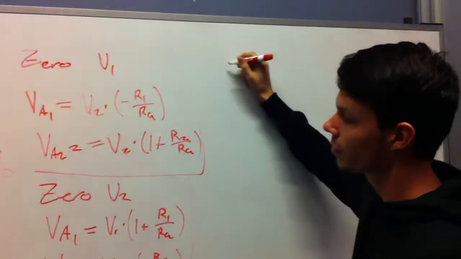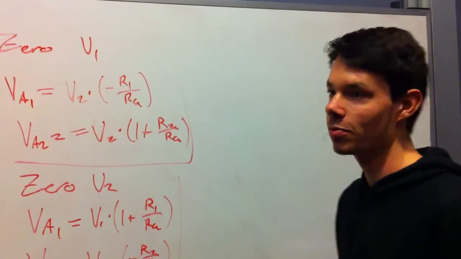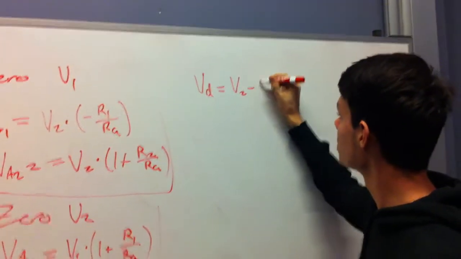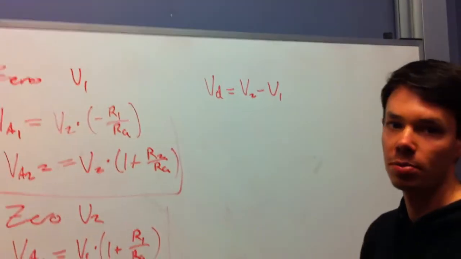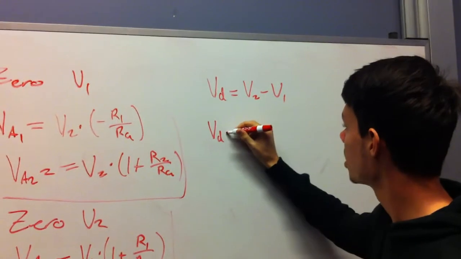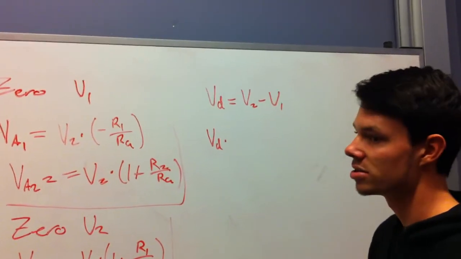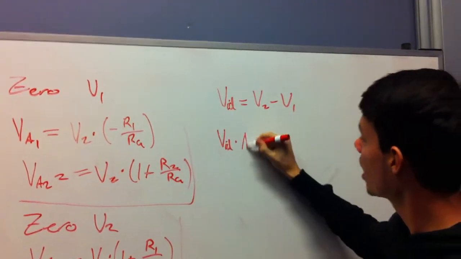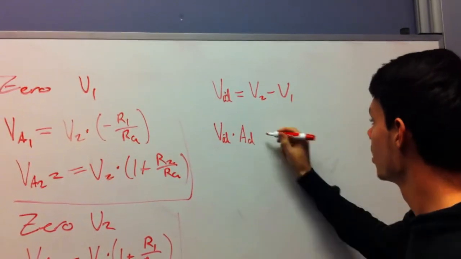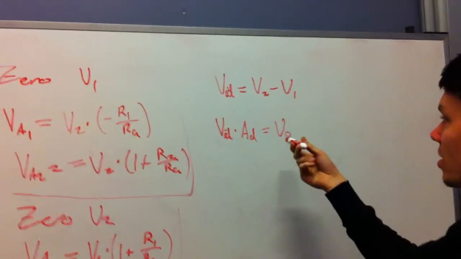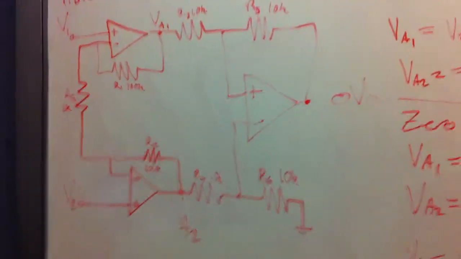This is a differential amplifier, so when VID is equal to V2 minus V1, the difference between the two input voltages, we have VID times AD, your amplified gain, is equal to V out. So we've already got VID, we just need to find V out in terms of V1 and V2.